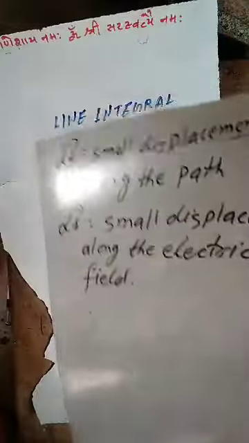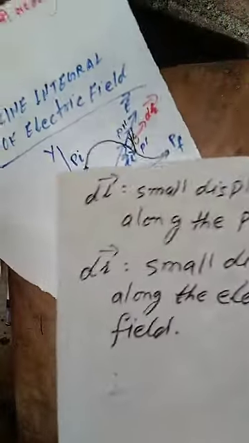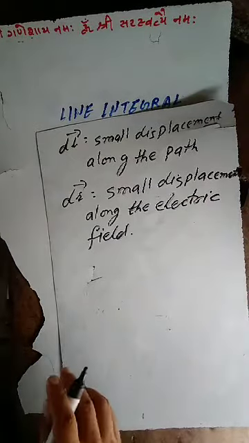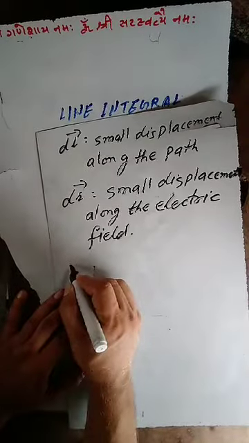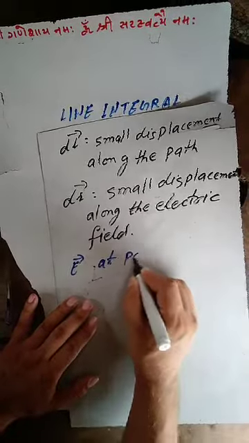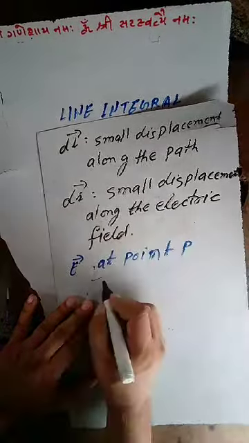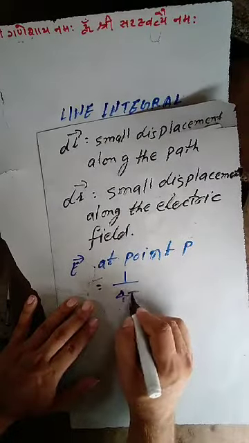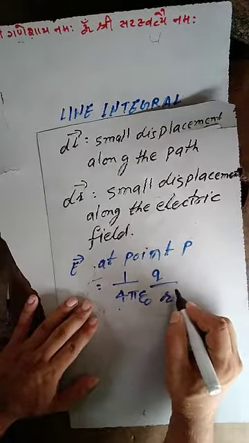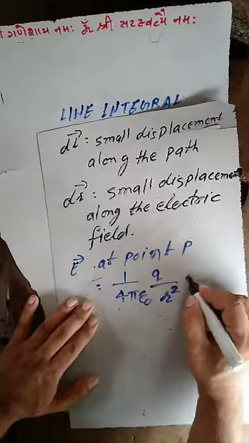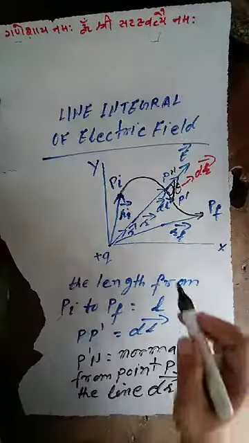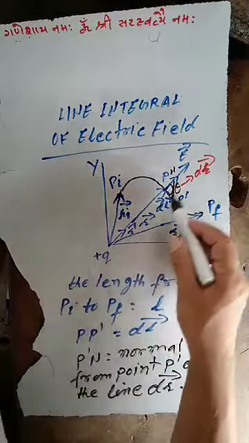To find the electric field, now we know that electric field E at point P is equal to 1 by 4 pi epsilon naught Q by r square, and its direction is along r cap, because this r cap is the position vector along the electric field.